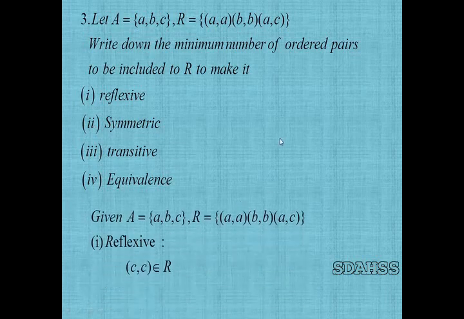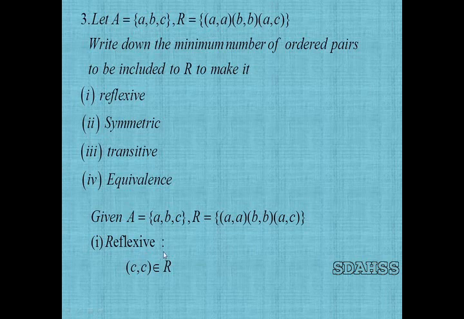Here the set A is given, A is equal to {a, b, c}, and R is also given. Here we want to find the minimum number of ordered pairs to be included to make it reflexive, symmetric, transitive and equivalence.